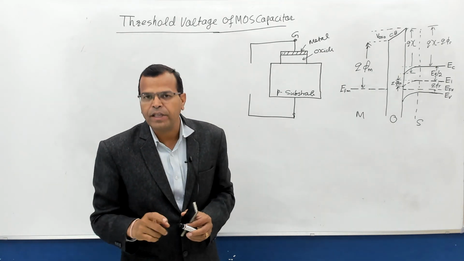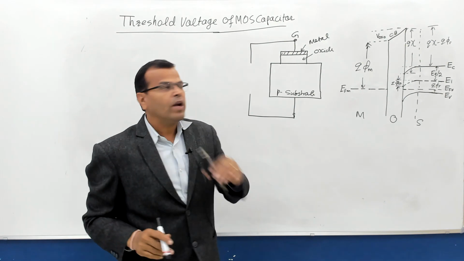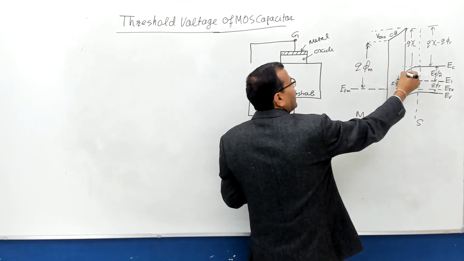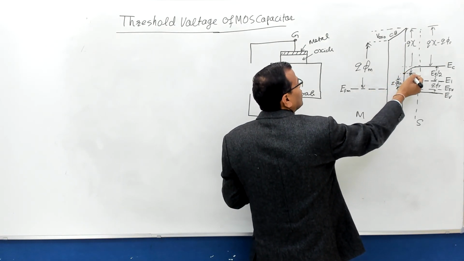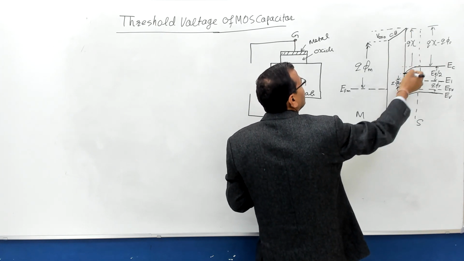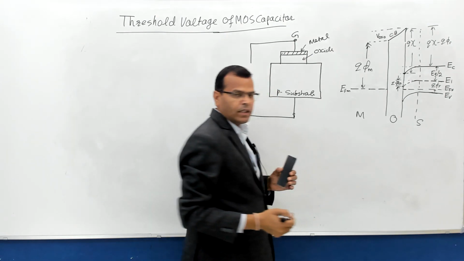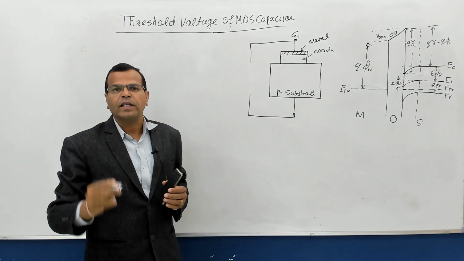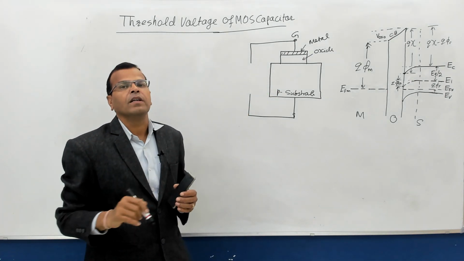What is that electron affinity? Electron affinity is nothing but the energy required to move the electron from the conduction band of semiconductor to the conduction band of oxide. That is known as electron affinity.